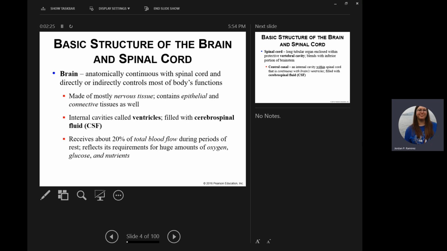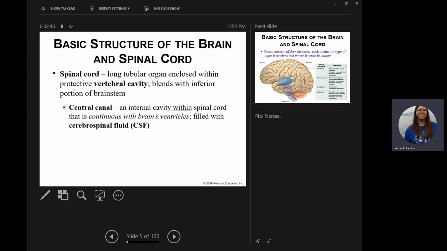It has internal cavities called ventricles that are filled with cerebrospinal fluid, which we'll talk about in just a little bit. And it is kind of like an energy hog, blood hog. It receives about 20% of the total blood flow during periods of rest, and this reflects its requirements for huge amounts of oxygen, glucose, and nutrients.